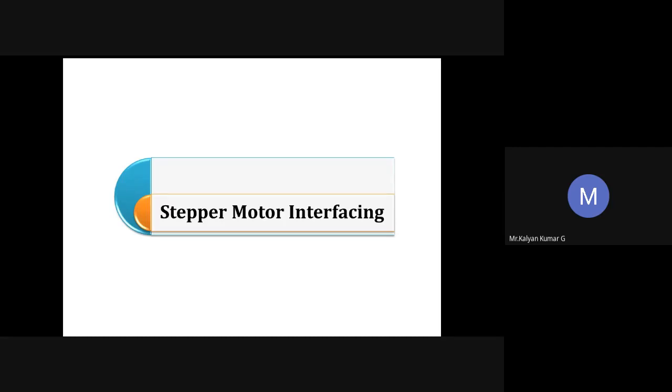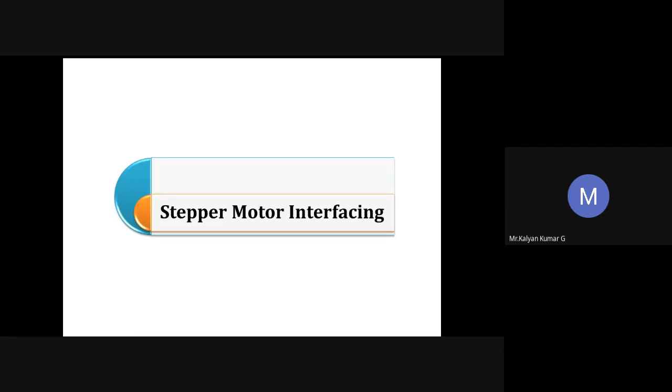What is the main function of a rotor? And similarly, what is the main function of a stator? Yeah, very good. Again, I got the required answer. Though there are many other functions, I was expecting the same one.